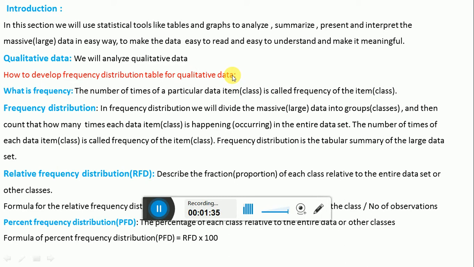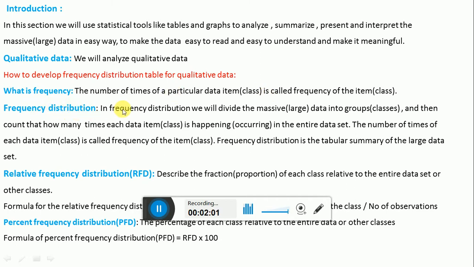We are learning some basic terminologies about developing a frequency distribution table. The first terminology: what is frequency? The number of times a particular data item or class occurs is called the frequency of the item or class in the entire data set. What is frequency distribution?